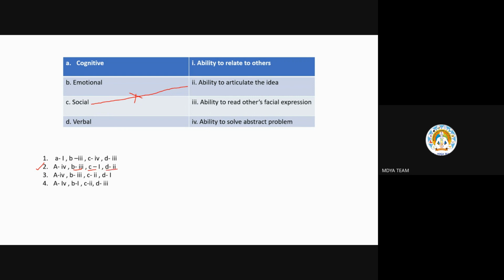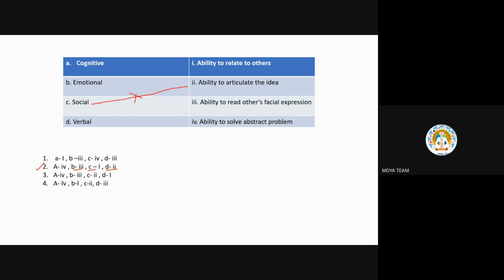Use the elimination process very smartly. If you have knowledge about something, it is very good. But the exam is of an objective nature, and in an objective exam it is not important how much knowledge you have. It is all about how effectively you use the elimination technique while solving the questions.